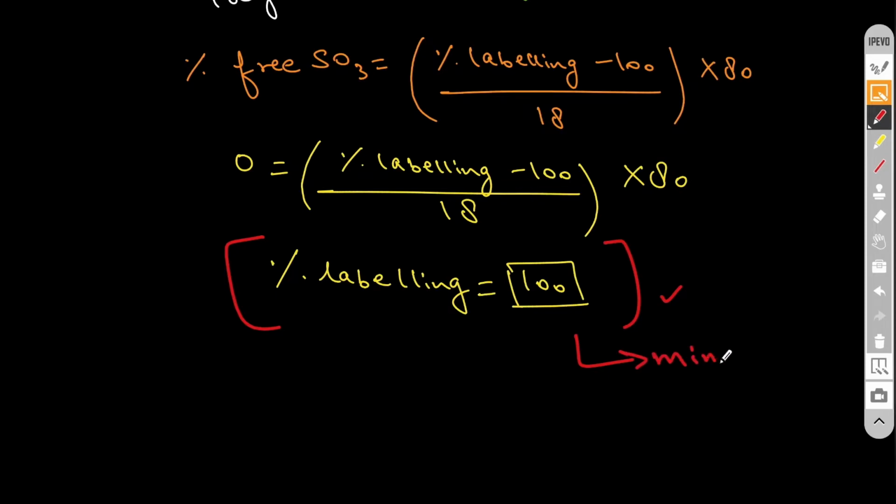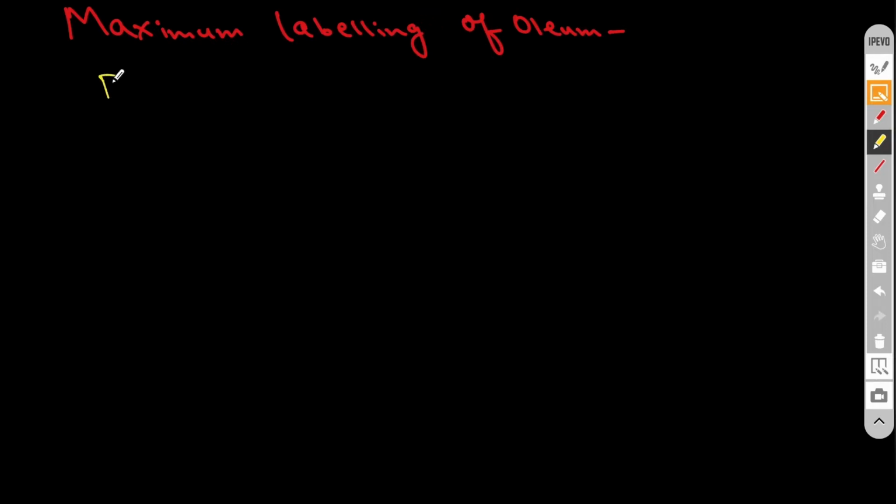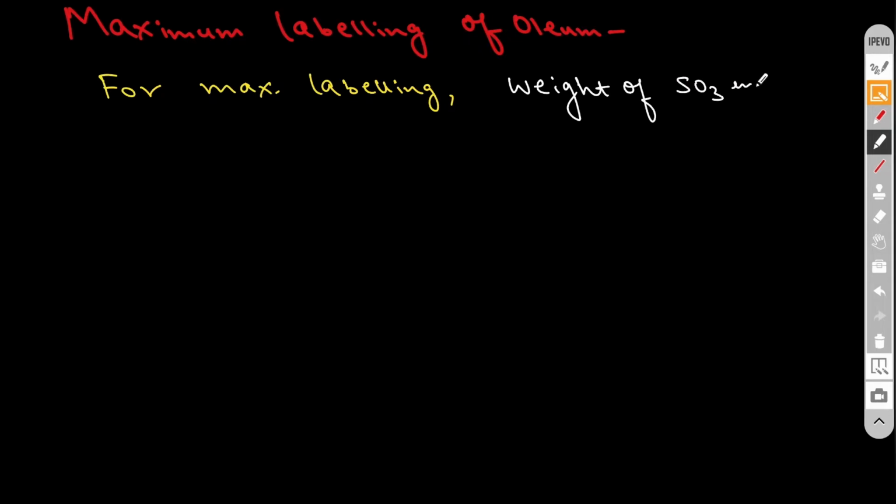This is minimum. Now we'll talk about maximum labeling of oleum. So what can be the maximum value of percentage labeling of oleum? We'll discuss here that for maximum labeling, the weight of SO3 in oleum should be equal to 100 gram.